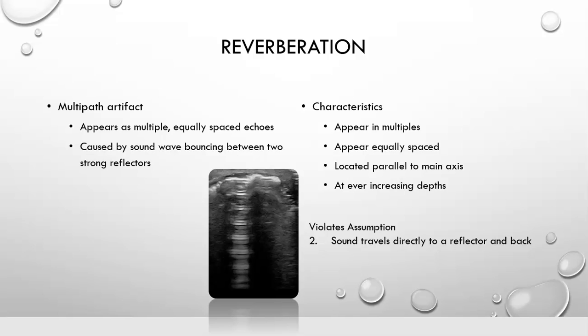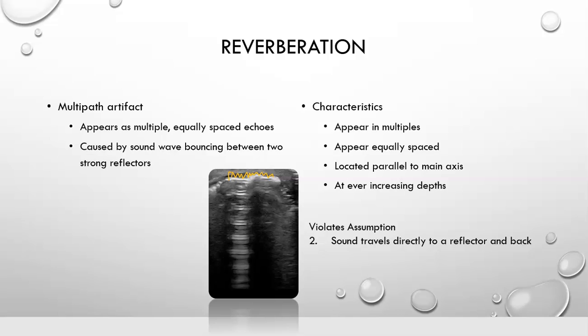So let's take a quick look at how this is occurring. If we look at this image on our screen, the sound travels to this one strong reflector here and then bounces back to the transducer, and then bounces back again, and so the sound is bouncing back and forth like this all the way across.